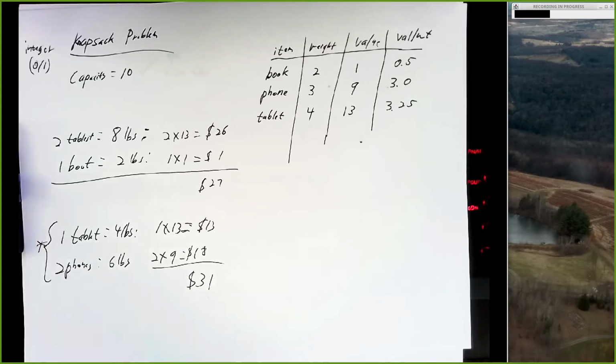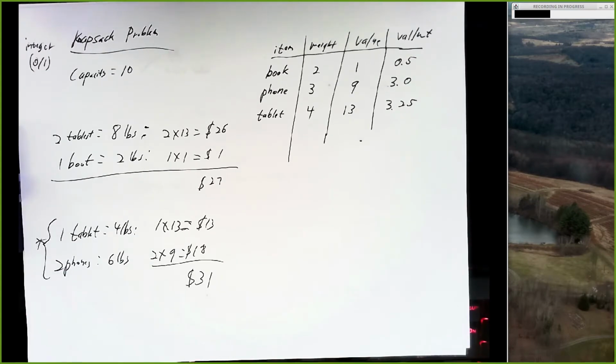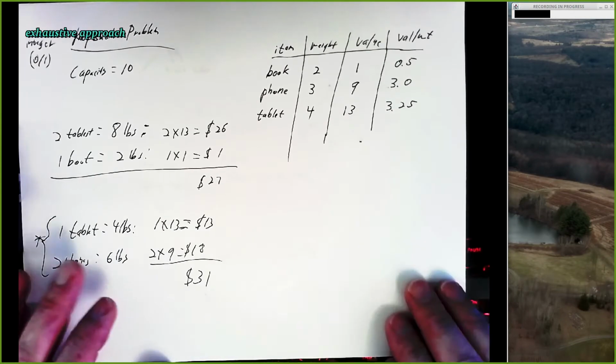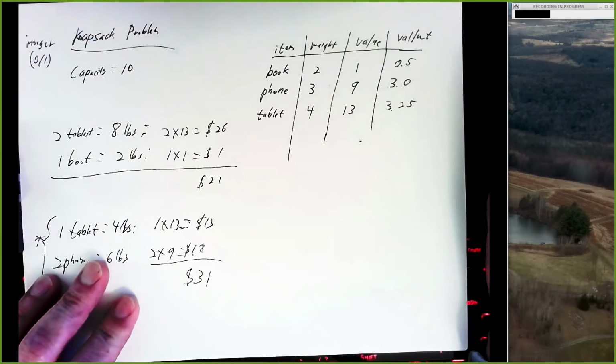The inefficient thing to do here would be like one of those combinatorial problems from 215, where you need to find every possible combination and see what's the greatest. But that would be kind of a waste, right? Yeah. So this is another version. You can do an exhaustive approach, and it's trivial to code, right? Just take every possible combination of these.